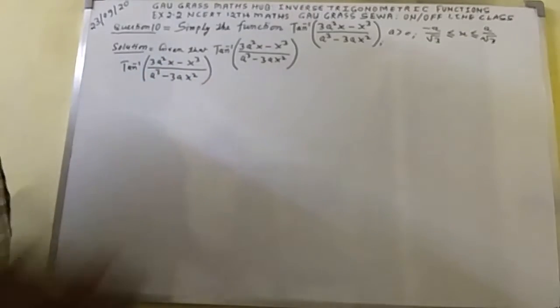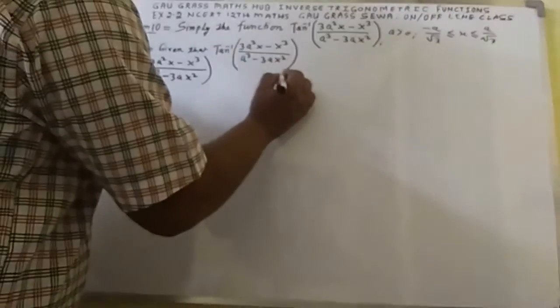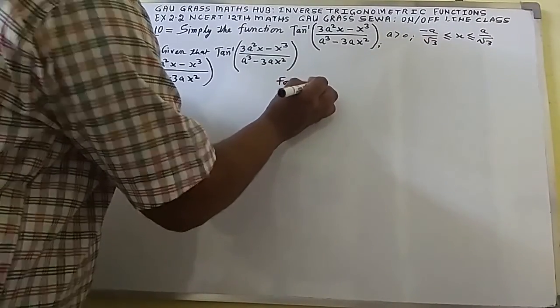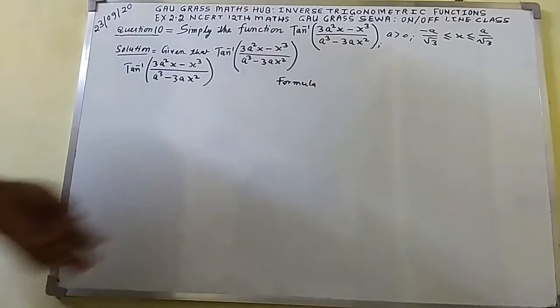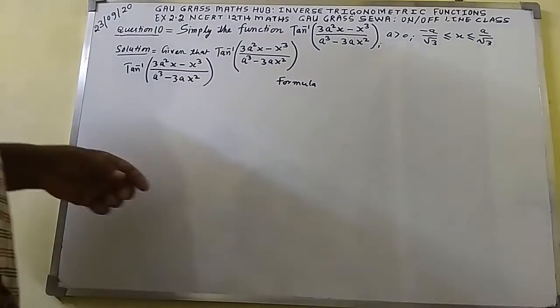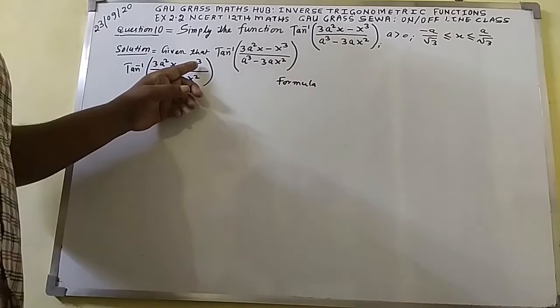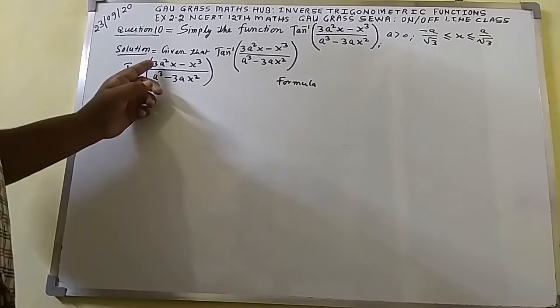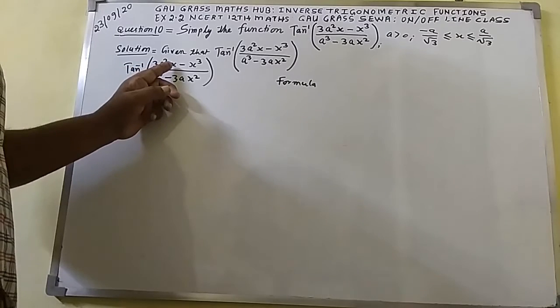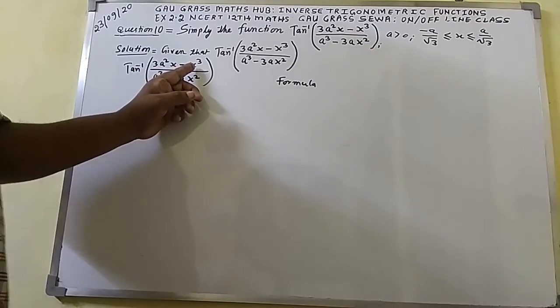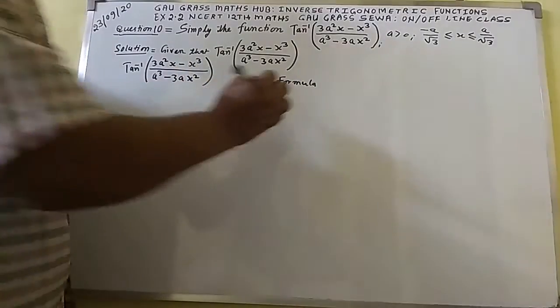You know the formula very well. Which formula will apply? It comes out from here: a cube is there, 3x and x cube it will become. So we apply this formula.